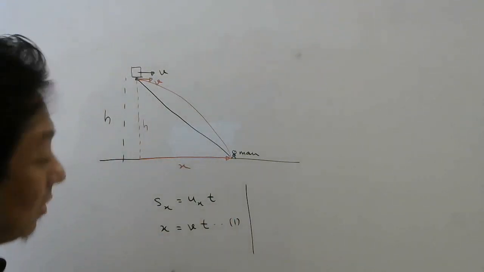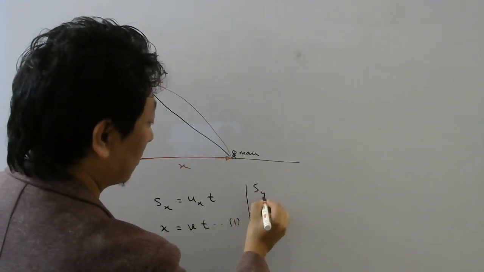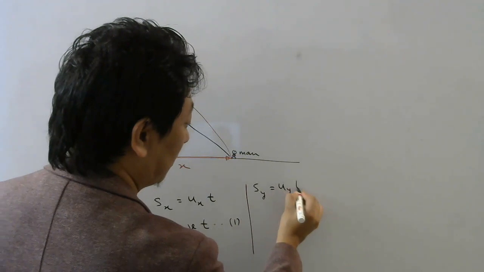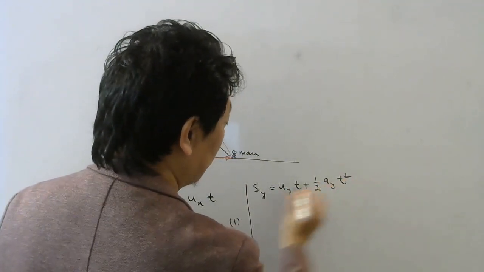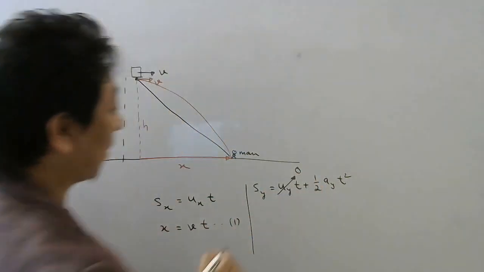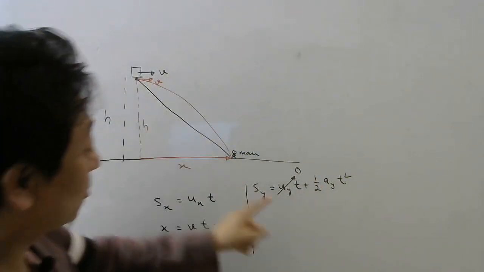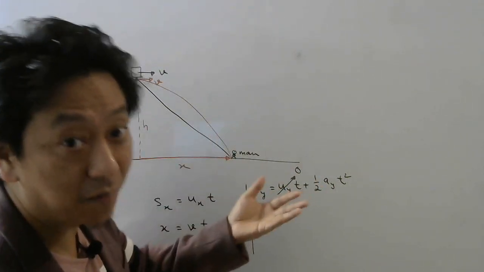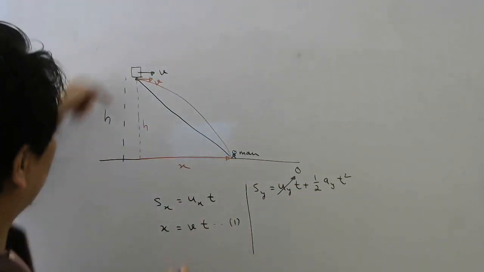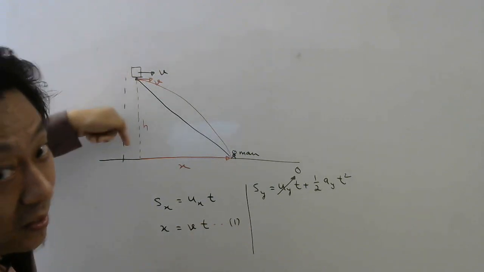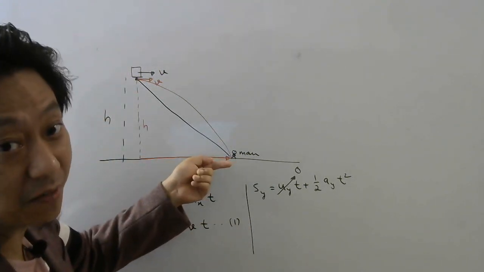Now to find the time taken, let me use the sy equation: uyt plus half ay t square. Your uy is 0 because the packet starts horizontally. So the y component of the initial velocity of the packet will be 0, right? Sy, this is the vertical displacement covered, this is the horizontal displacement covered, right?